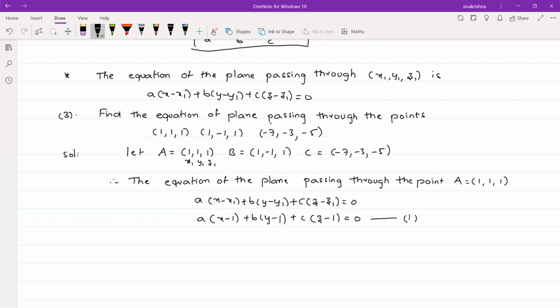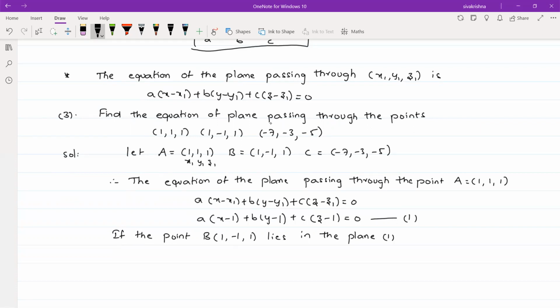Now I am supposing that the point B, which is 1 comma minus 1 comma 1, lies in the plane, equation 1.